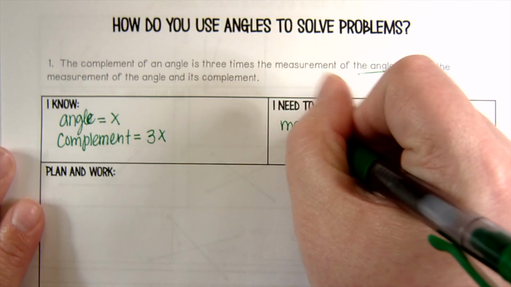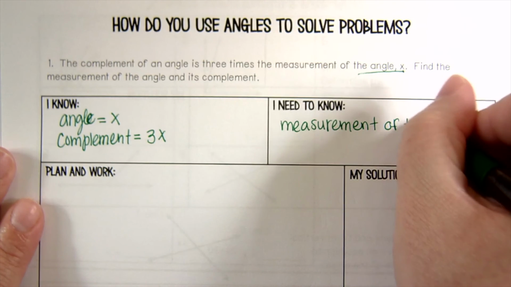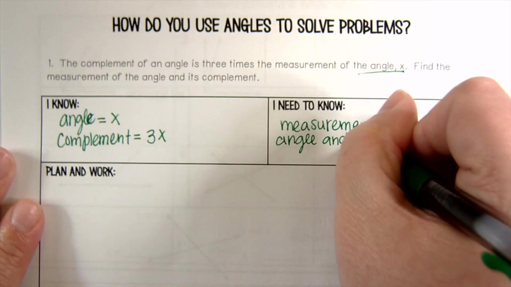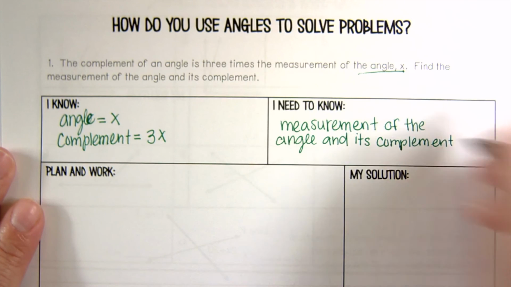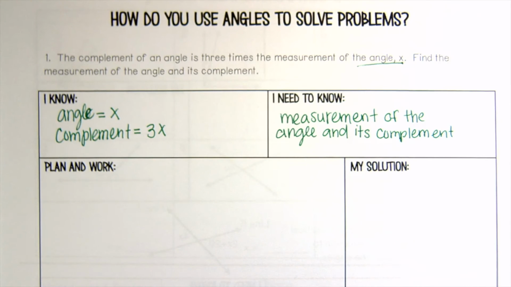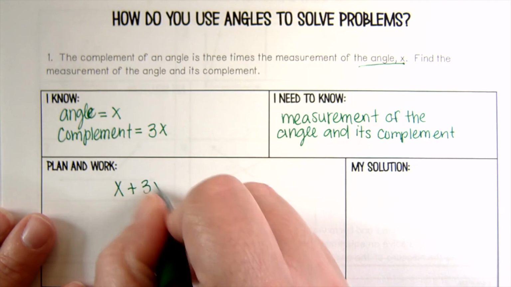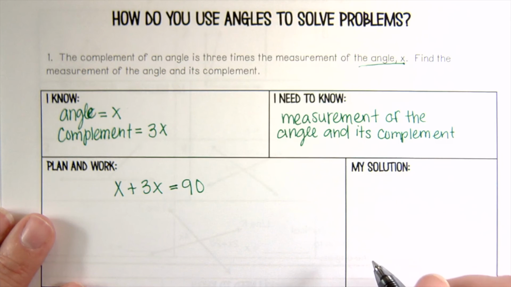So the two angles add up to what? 90 degrees. They are complementary, so they add up to 90. So x plus 3x equals 90 degrees.